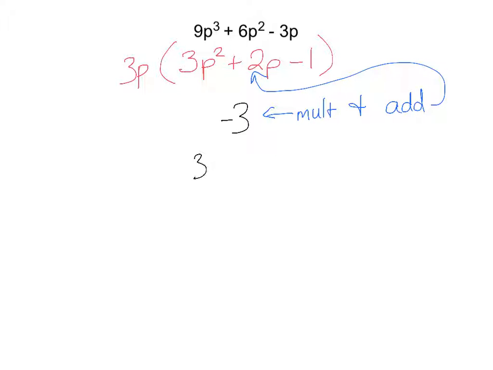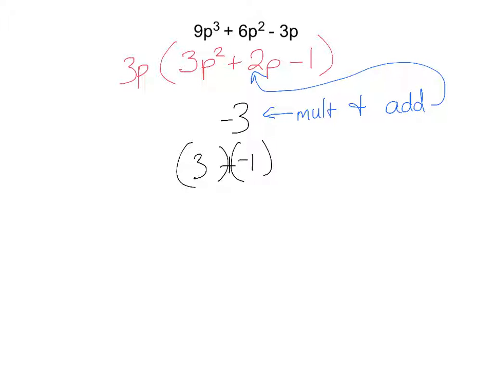It's pretty much going to be a 3 and a 1, but since it's a -3, one of those has to be negative. I want them to add up to a +2. That means this is going to have to be the negative. Multiplies to -3. If I were to put a plus sign in between there, 3 plus -1 is a +2. What you're finding are the two values that you can separate this middle term into two parts.